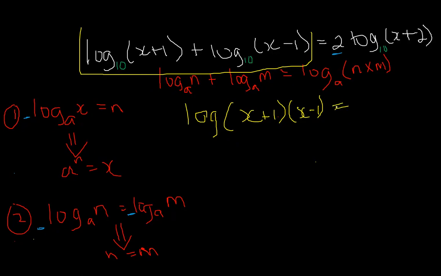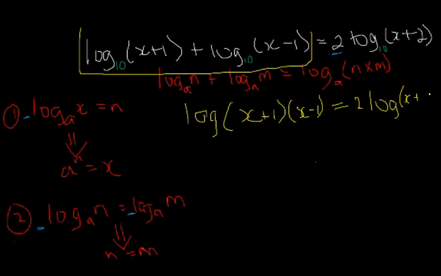And this is equal to, I would put back the 2 log of x plus 2, just for now. But remember, these two rules, they don't mention anything about a number being in front of my log. I have a number 2 in front of my log. So that's how I know, okay, I need to simplify this further so I can get it in this form or in this form, right?